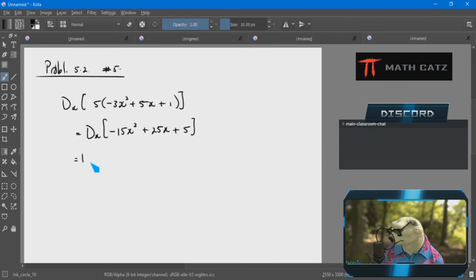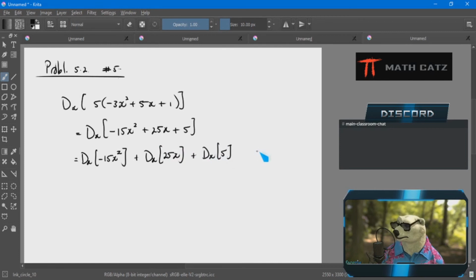So I'll use the sum difference property first, which allows me to isolate the terms like so. It's all the sum property. Now let's show.